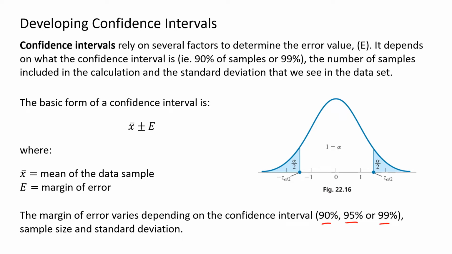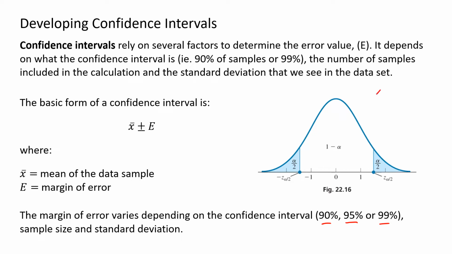So 90, 95%, or 99% are common ones that you use. Basically our form is we have our mean, which is x bar, plus or minus our margin of error e. And we'll get in the next slide our formula for how to calculate that error, but I just want to explain to you what that means.